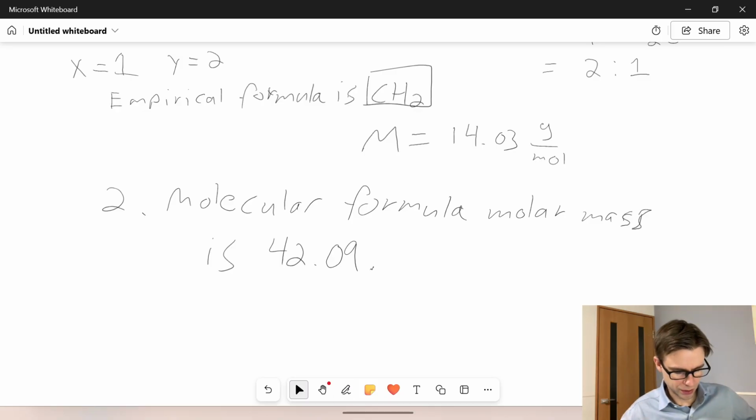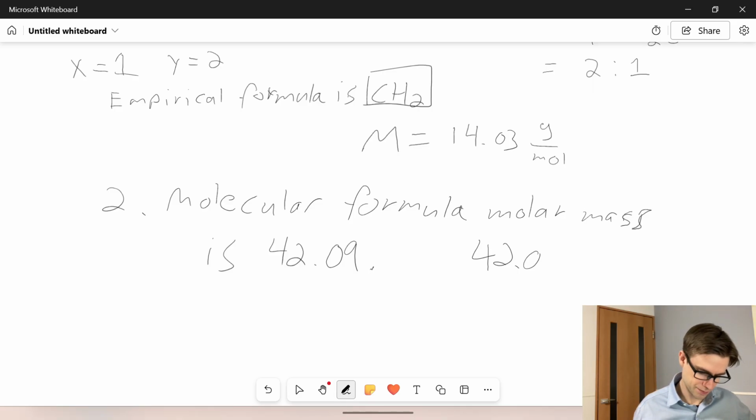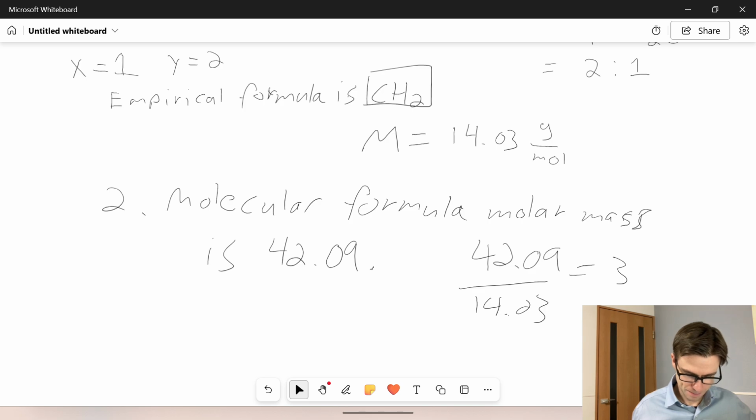Alright, so that's quite a bit larger than 14.03, but how many times larger exactly? Do the division. Maybe you can see it immediately, but oftentimes I can't. I'm not really that good at math. This ends up being triple. Okay, 3 times 14.03 would give us 42.09. So we can just triple CH2, that empirical formula.